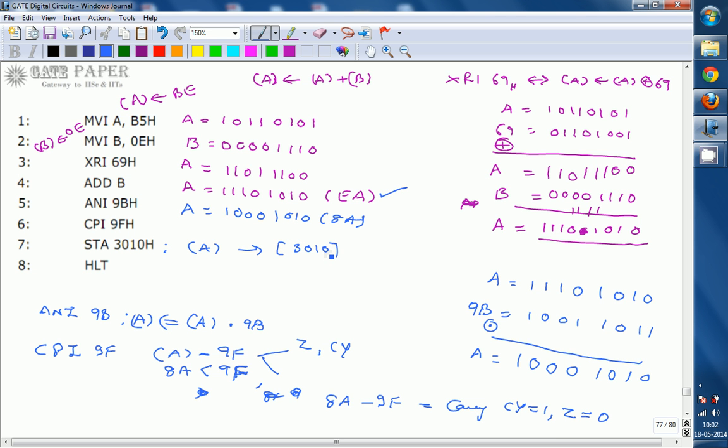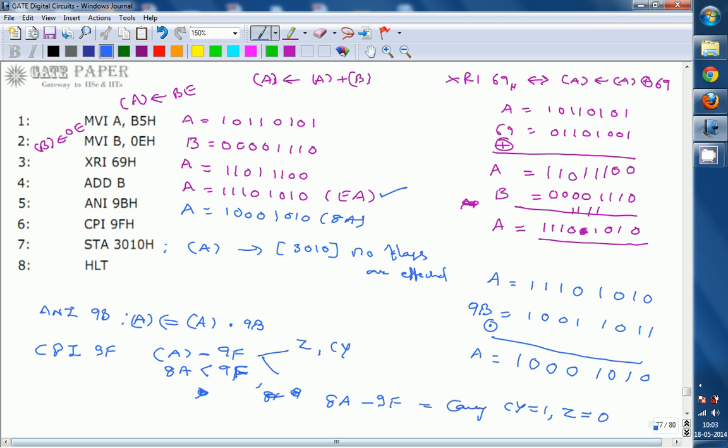The contents of A are stored in the 3010 location, and no flags are affected for this STA instruction. So the flag conditions after CPI will remain the same, CY is equal to 1, Z is equal to 0.